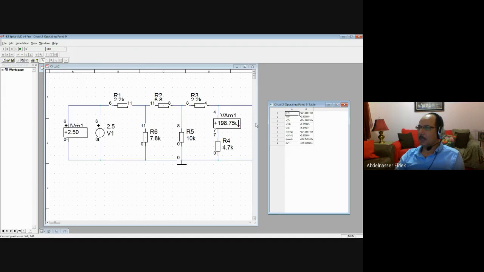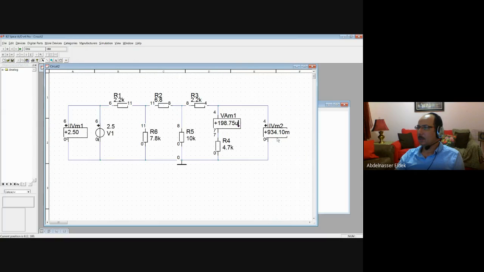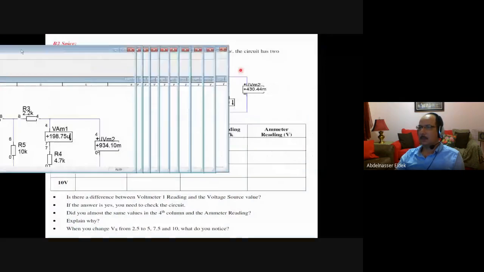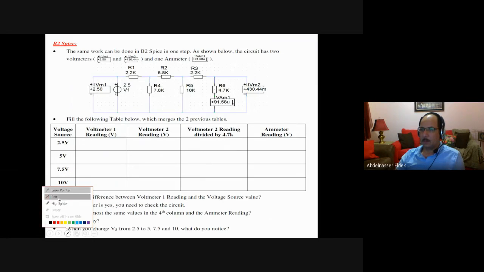The voltage at the output is, no, it is 934 millivolt. So when you fill the table, these will be the numbers. Let us put the numbers here. This one is 2.5 volt, of course.